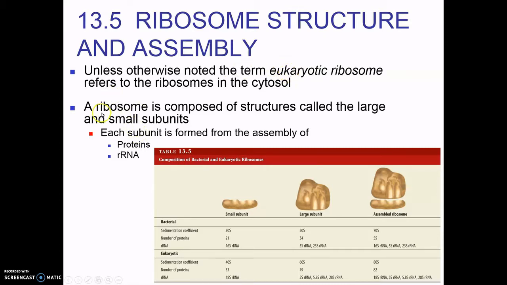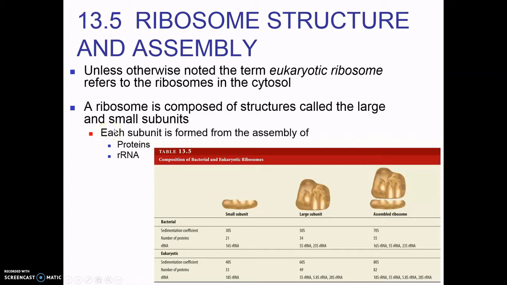Now, a ribosome is a complex structure. It is excessively large. It is one of those molecular complexes that are visible on electron micrograph. Most of the times you cannot see a protein complex by itself. There are a few exceptions. Ribosomes are one of them.